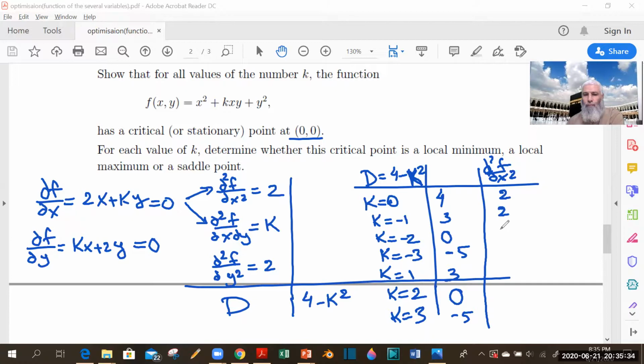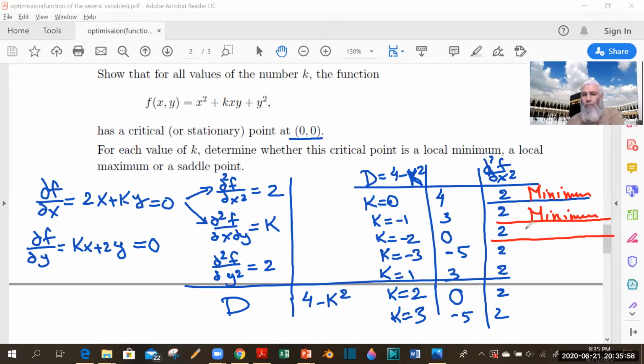Yes. So this point is what? Whether it's maximum or minimum? It is minimum. Next one is also minimum. I think all of these until the end are minimum.